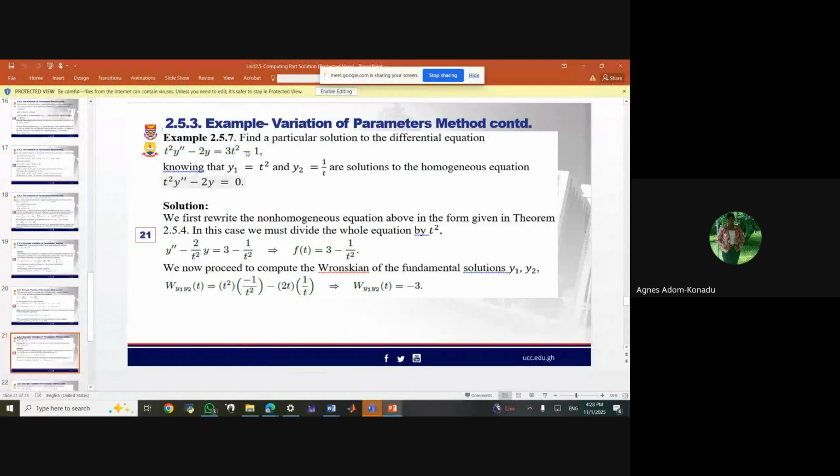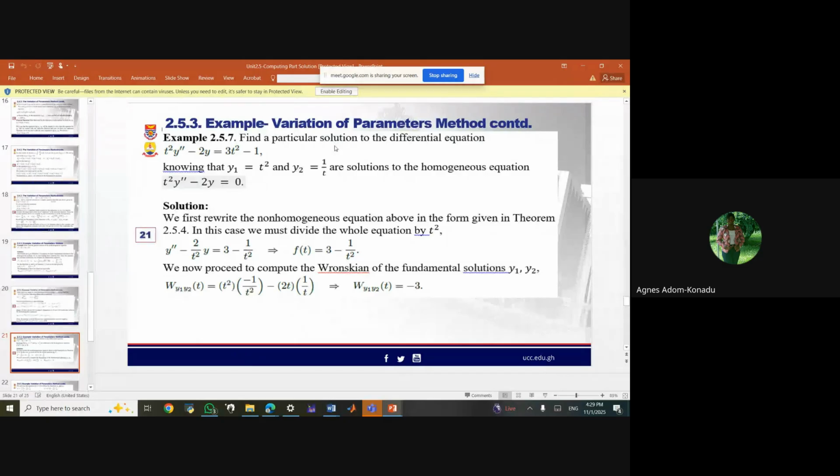So there's another one here. We want to find a particular solution to the differential equation. You can see that this is with variable coefficients, and we know how to solve this. So that's the homogeneous part. Our candidate is y equal to t to the power r.